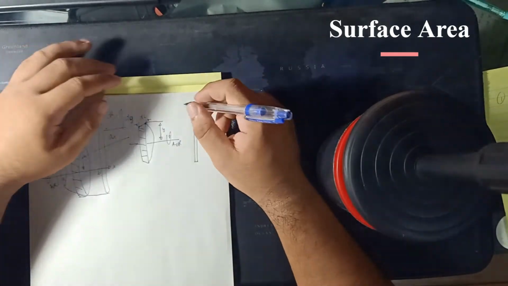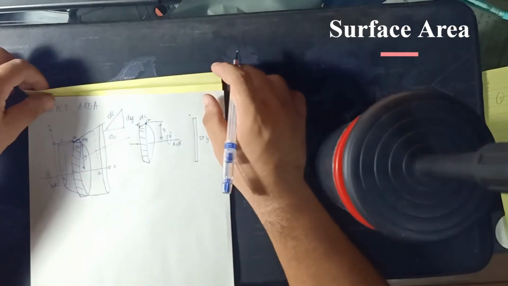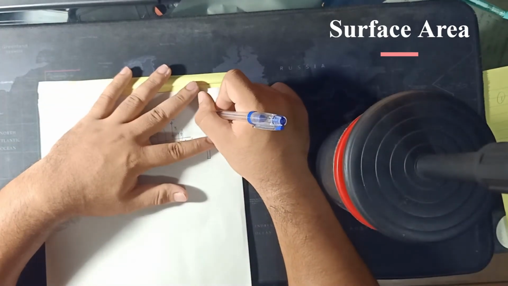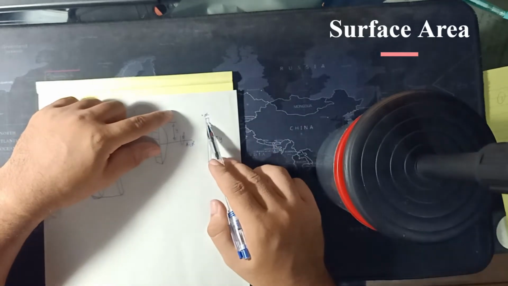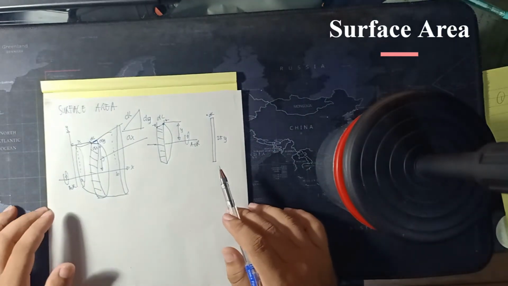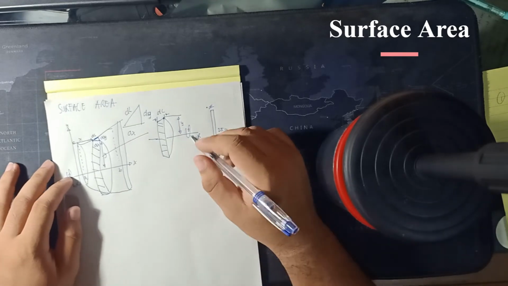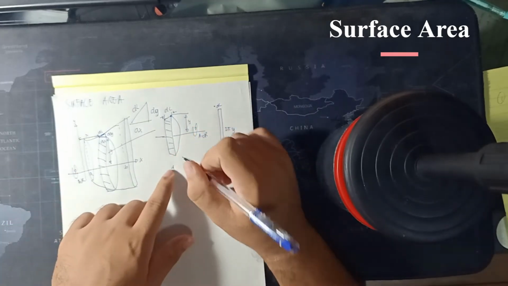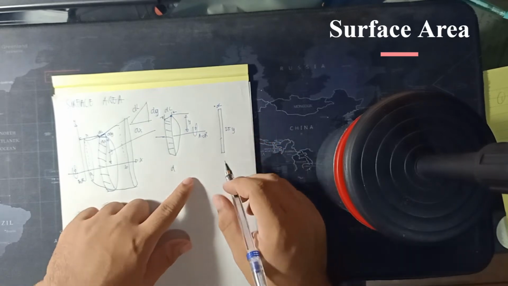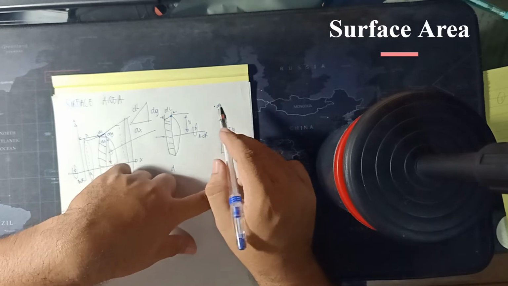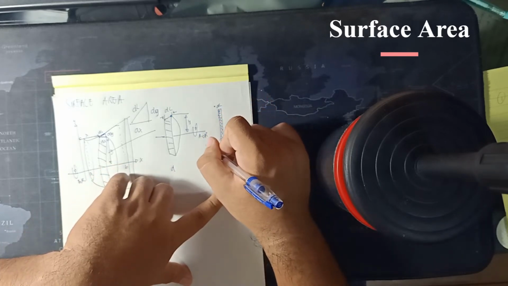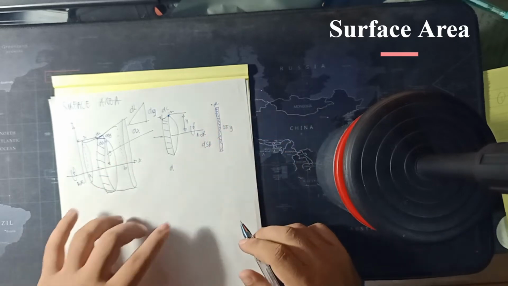The circumference, that would be your dl. Your strip here, this would be your dl. And so when you now plot your formula, this is now your differential of surface area.